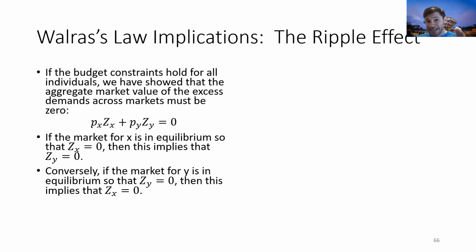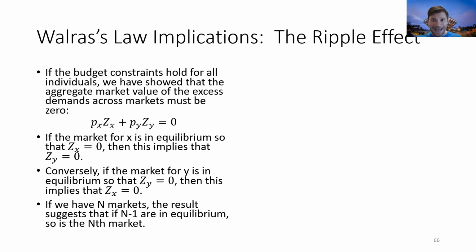If we had, instead of two markets, n markets, then the result generalizes: if n minus one of those markets were in equilibrium, then so is the last market. If I have three markets, that means if two of them are in equilibrium, then so is the third.